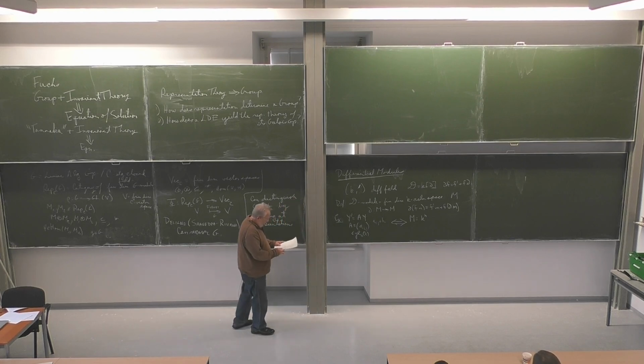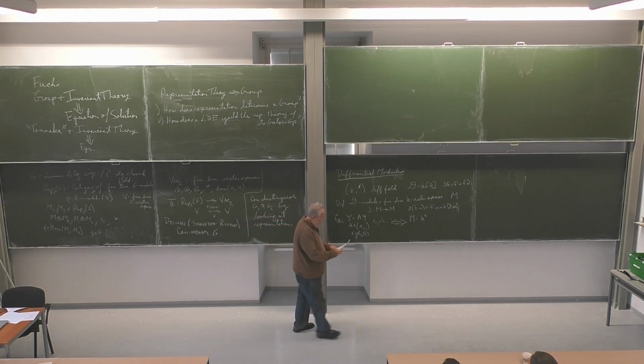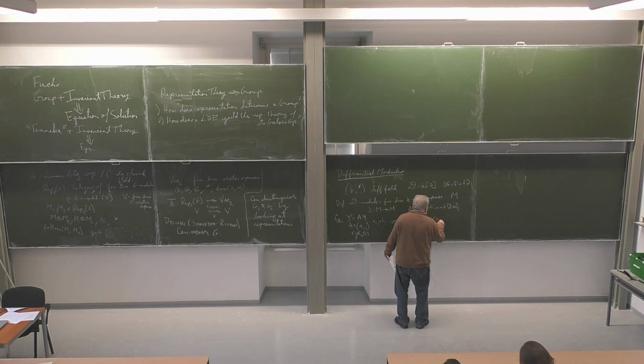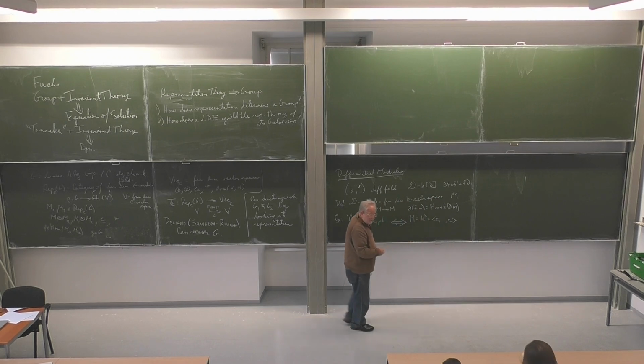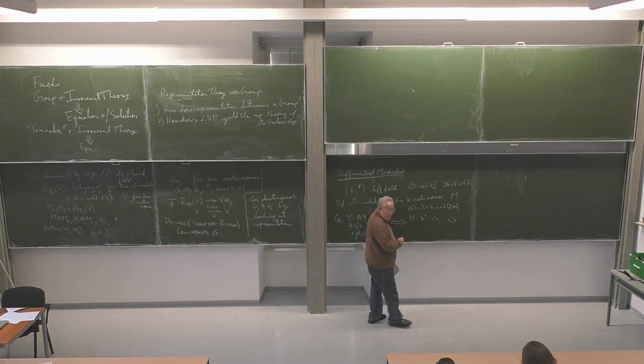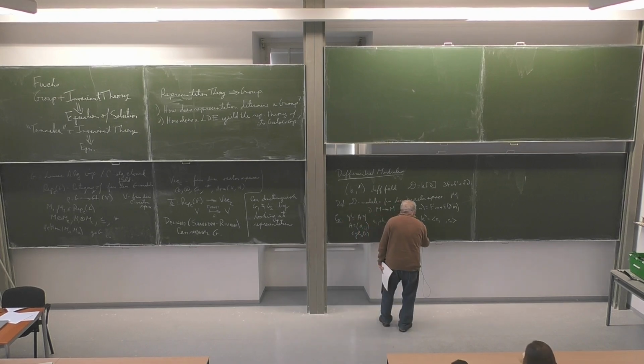I'm going to give you a module. This is the basis, let's say. So I have to tell you what the action of D on the module is, determined by the action on the basis. And again, I usually get this wrong.